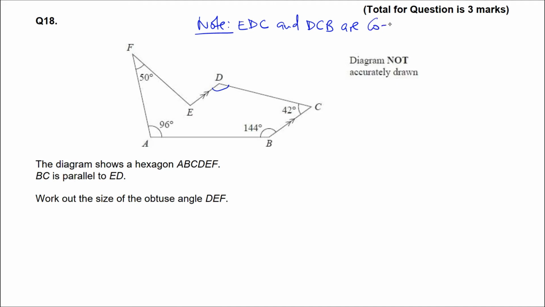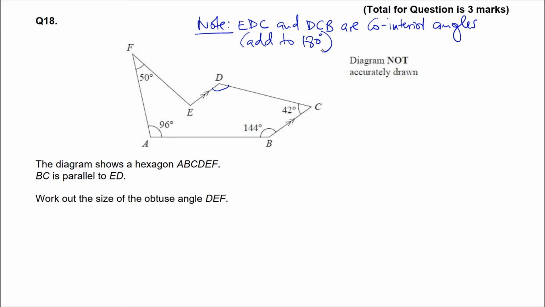So these are co-interior angles. Now we know one thing about co-interior angles: they add to 180 degrees. Okay, so this is true.